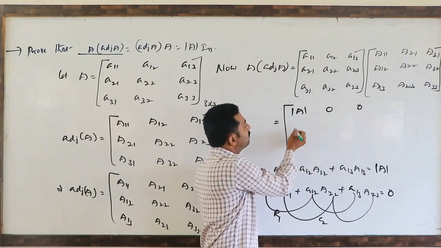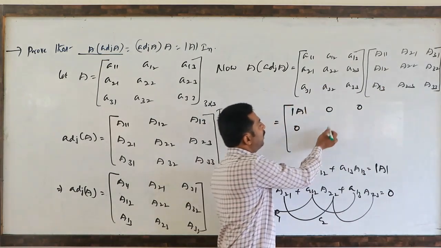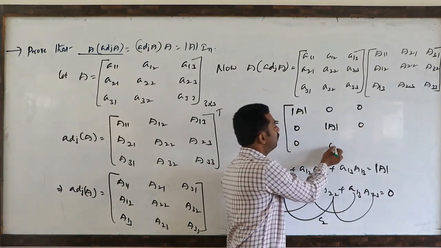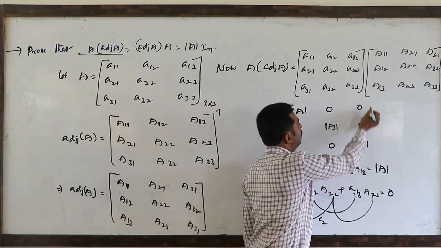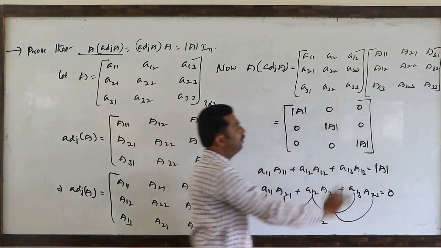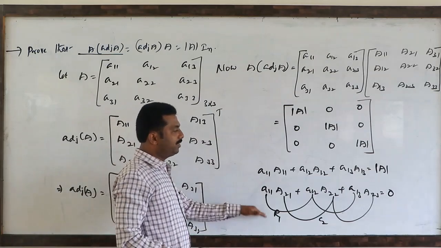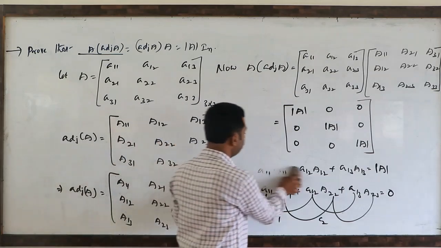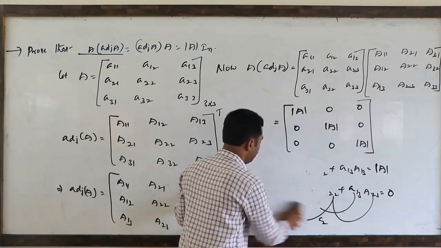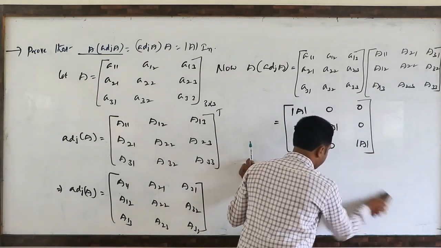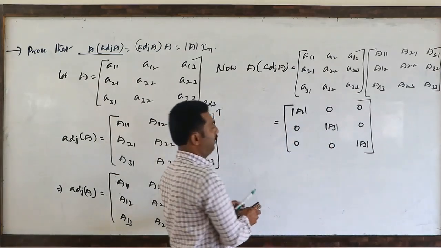Second row, first column is 0. Second row, second column is the determinant of A. This is 0, this is 0, this is 0, and this is the determinant of A. These are the points you have to remember. So this is a diagonal matrix.